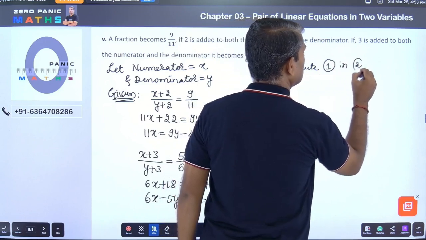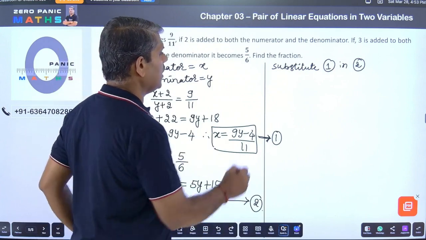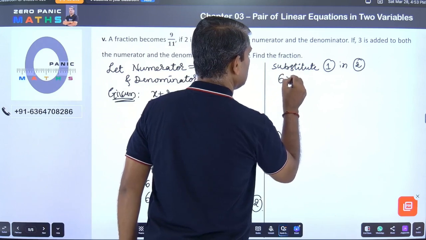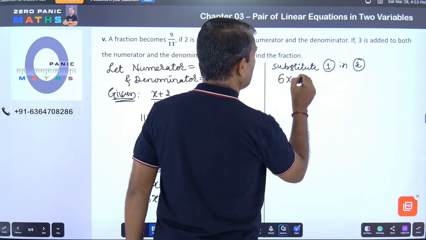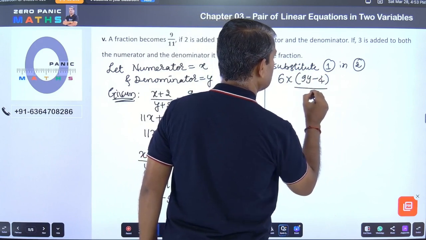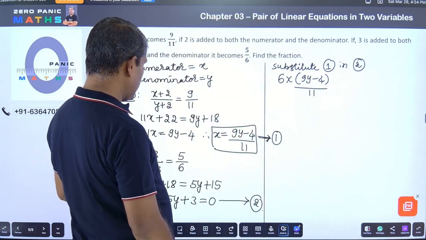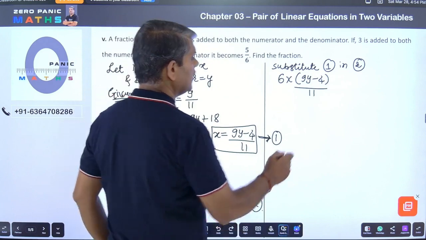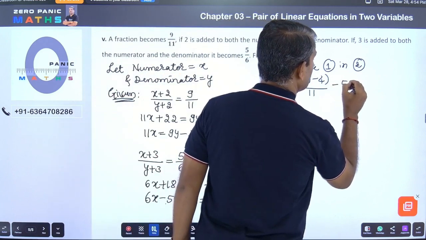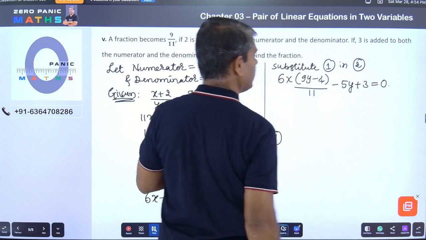What is that? 6 into 9y minus 4, divided by 11, minus 5y plus 3 is equal to 0.